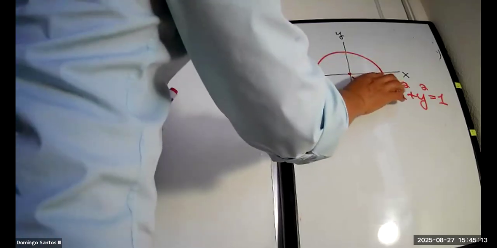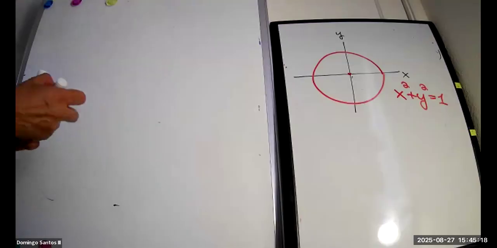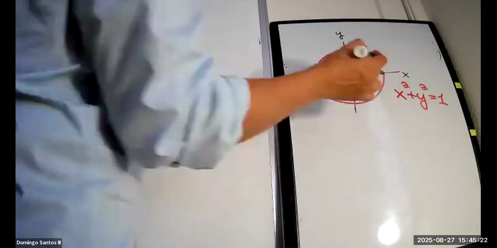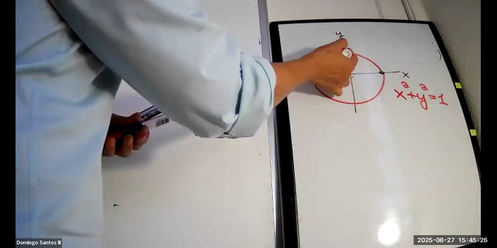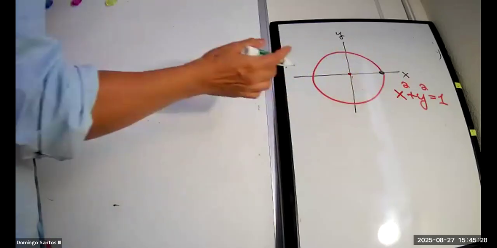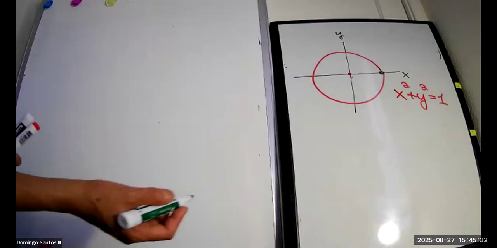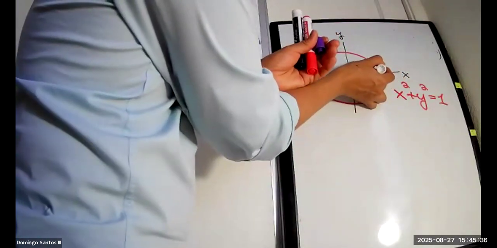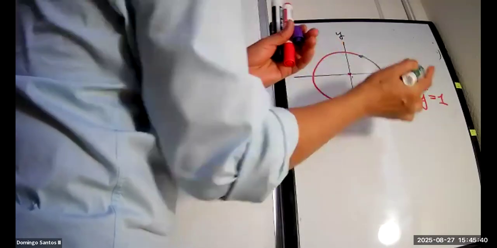Now, imagine yourselves as a tiny bug, an ant, probably, and you're traveling around this circle. Let's do counterclockwise for now. If I'm a small ant, I would walk from here, maybe stop there.